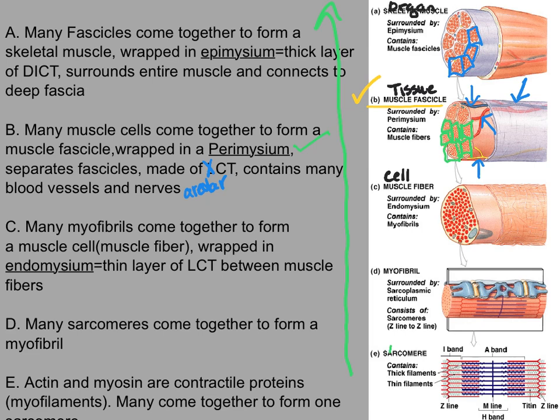And then, of course, down here we've got sarcomeres made of molecules, and the myofibril being an organelle. Okay, so that's the anatomy. This is how skeletal muscles are put together. This is the structure of skeletal muscles.